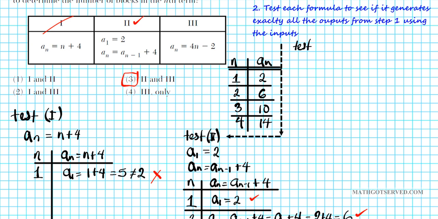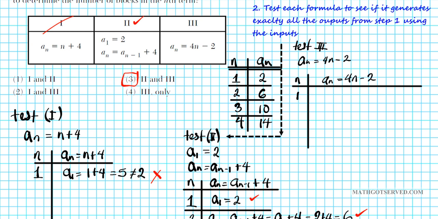Formula 3 is an equals 4n minus 2. So let's make our table of values. This is not necessary. I'm just trying to show you for certainty that the conclusions we were able to derive are actually true. So n and an is 4n minus 2.